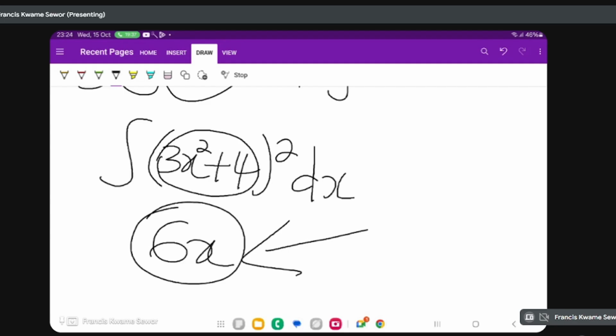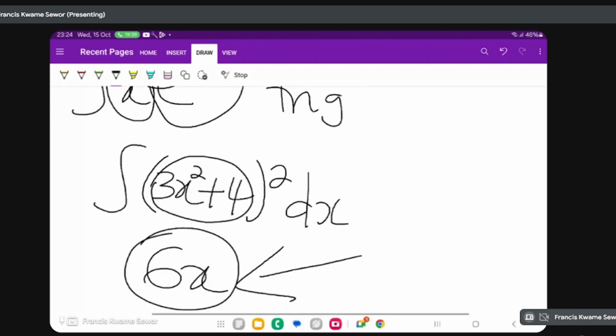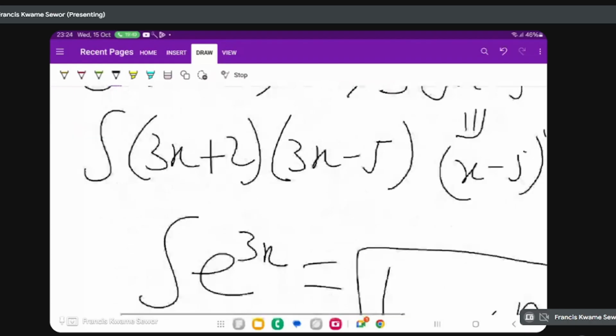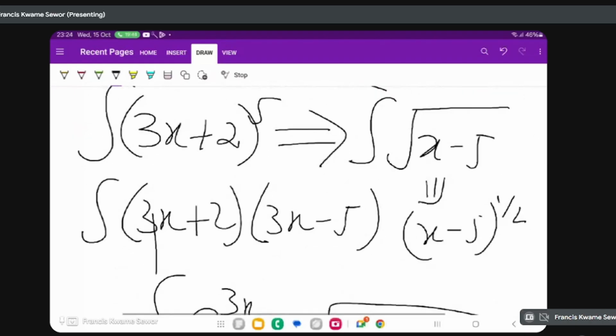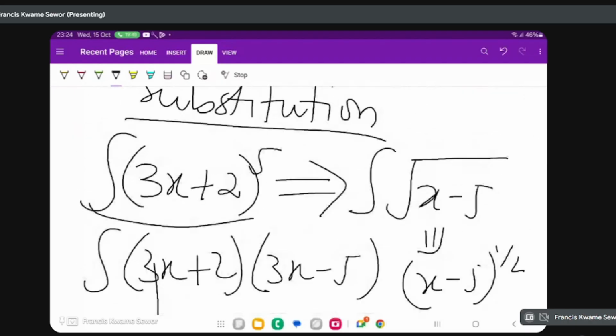But then, look at the question I gave first. Will substitution work for this one? Yes. Why? Because when you differentiate it, you get a constant, because it's standing alone.